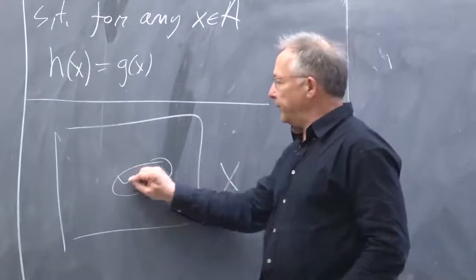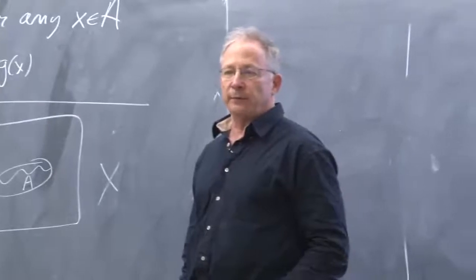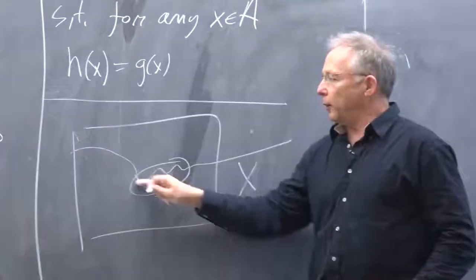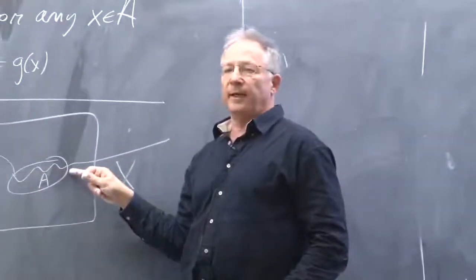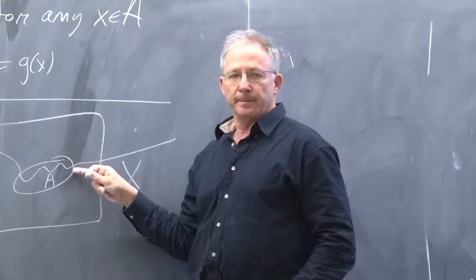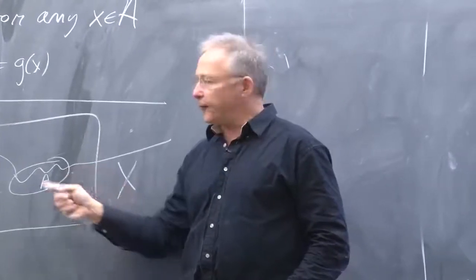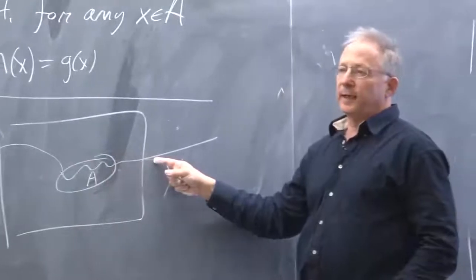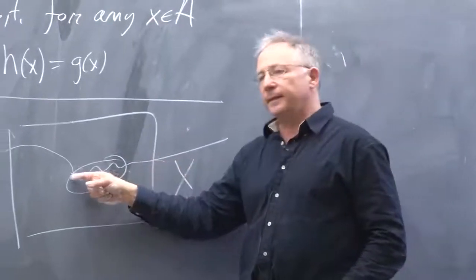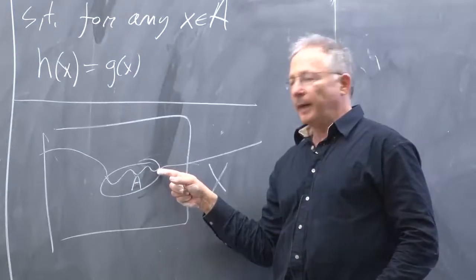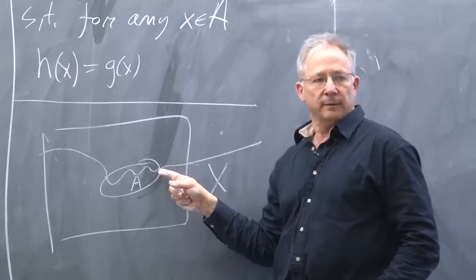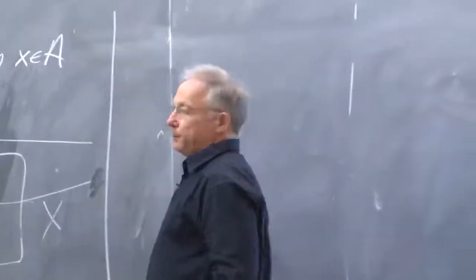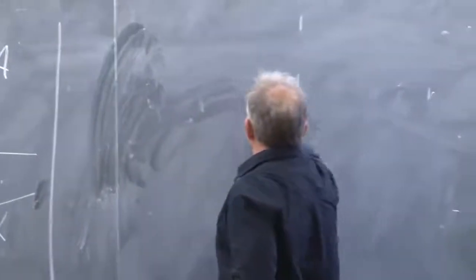That for every 0, 1 behavior over A, I can find a function in H, a function over all of X, that agrees with this particular 0, 1 pattern over A. Let me give you some examples.